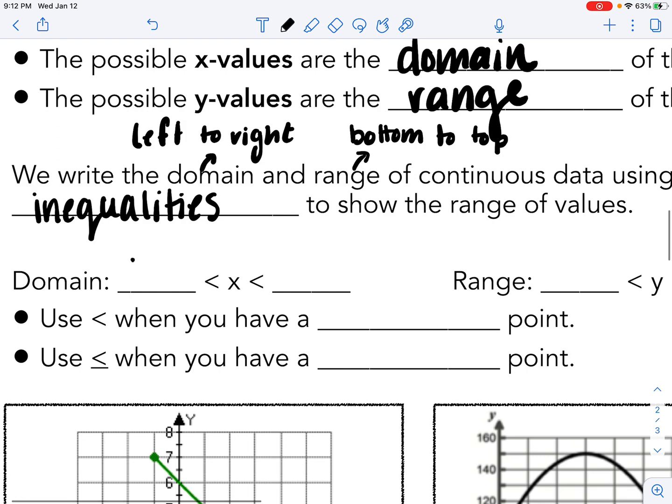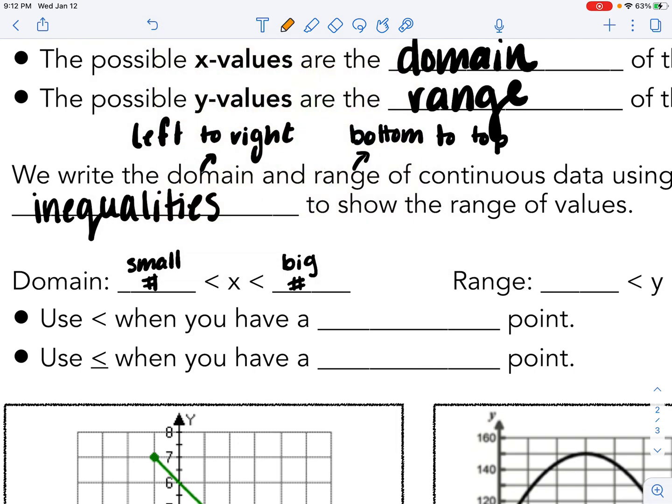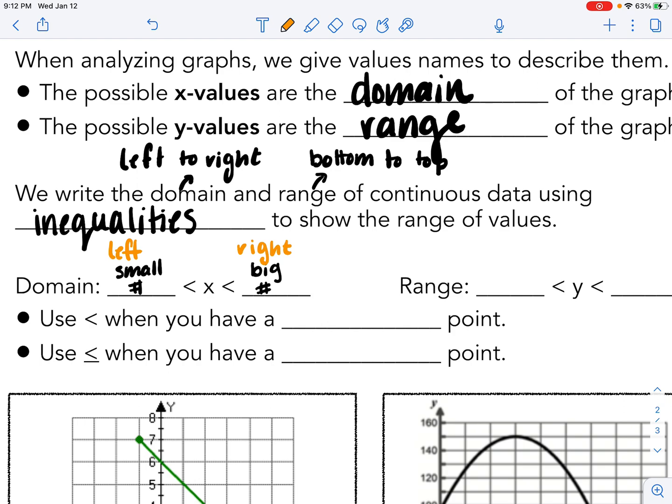Okay, so over here, domain. Again, we're going to have the small number first. And then it's going to go up to the big number. And since it is domain, that means the one that's on the left is going to be the small number. And the one that is on the right is going to be your big number.